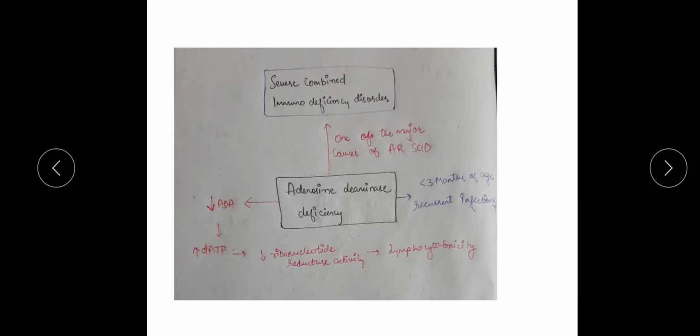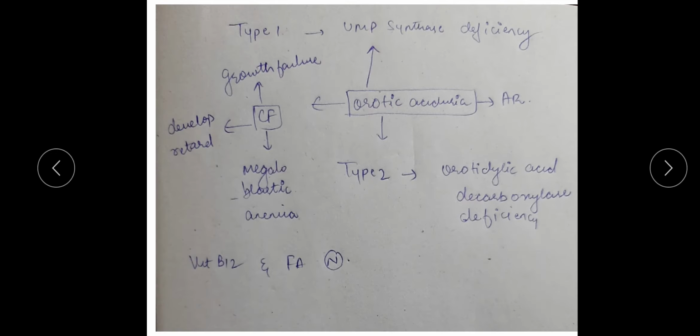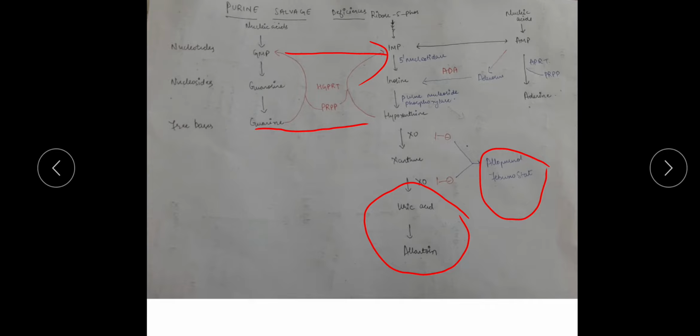It is lymphocytotoxic, so it kills lymphocytes, T cells and B cells. So there will be recurrent viral, bacterial and fungal infections, in infants less than 3 months of age. Then Lesch-Nyhan syndrome is important here.